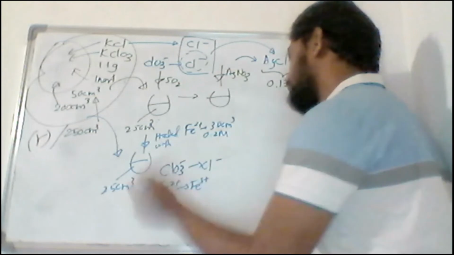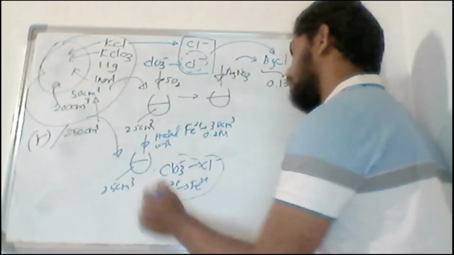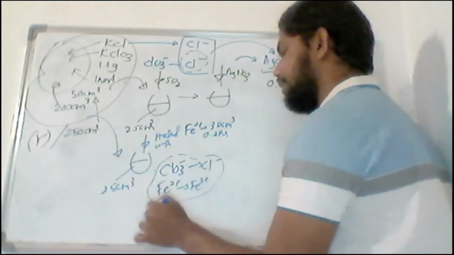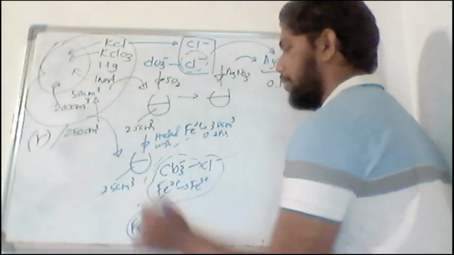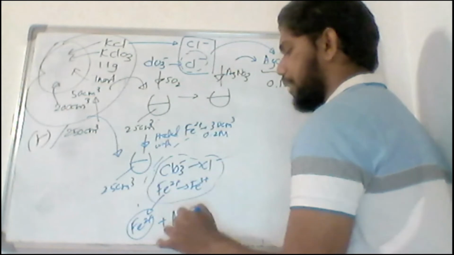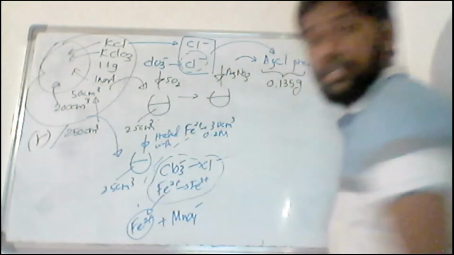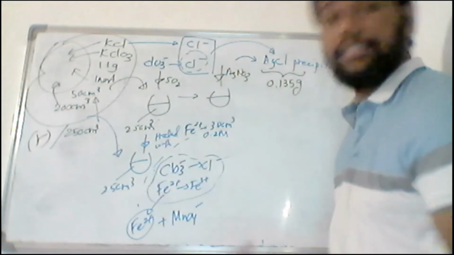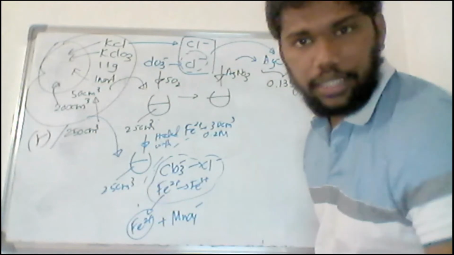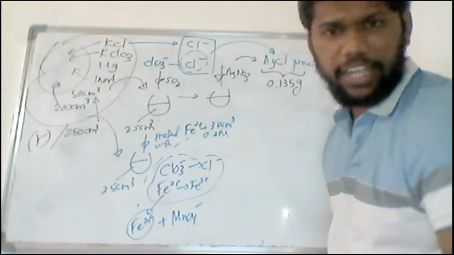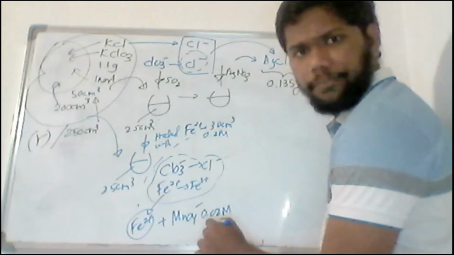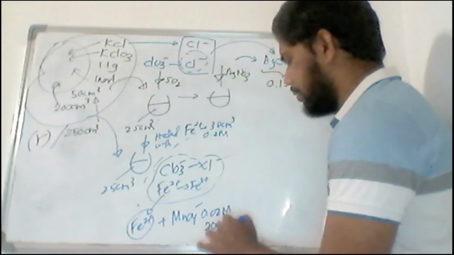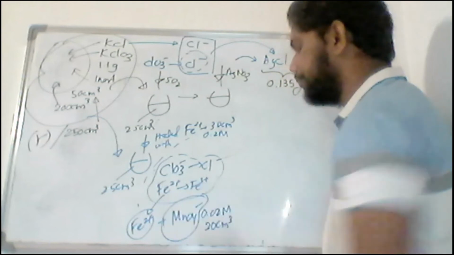So after this particular reaction happening, some amount of Fe2 plus is going to remain, and this will react with MnO4 minus to find the unreacted amount. So they have given that the unreacted amount was reacted with 20 cubic centimeter of 0.02 M KMnO4.